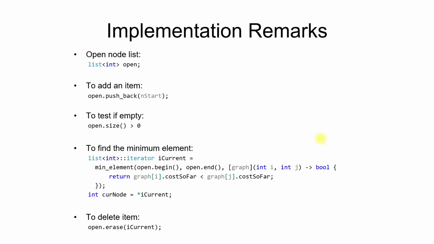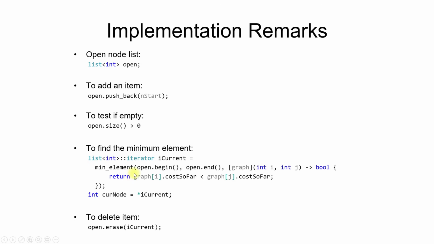First of all, the best way of implementing the open list is using the STL list of integer values to store just node indices in the list. Now, to add a new item, use the push_back function available in STL. To test if the collection list is empty, use the size function. To find the minimum element, use the standard STL algorithm min_element.